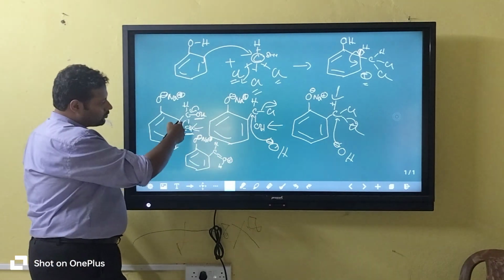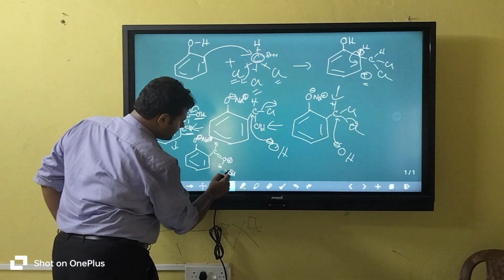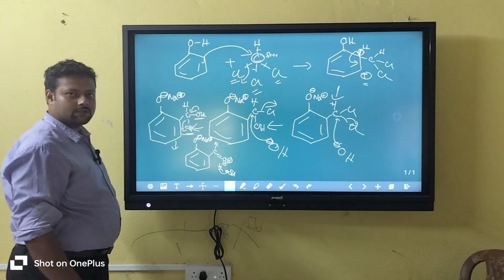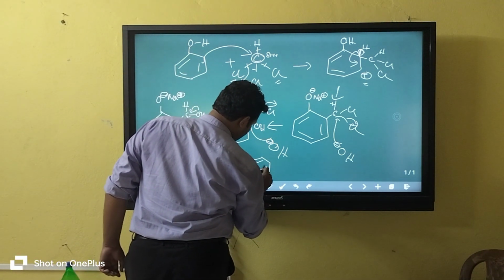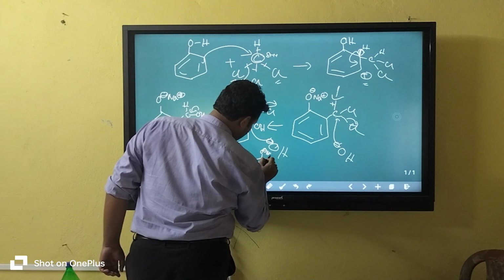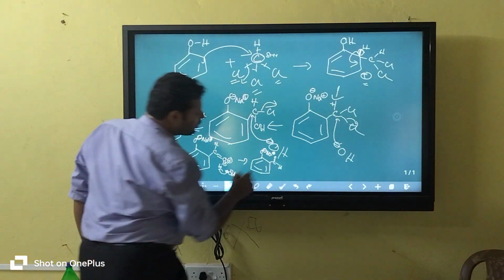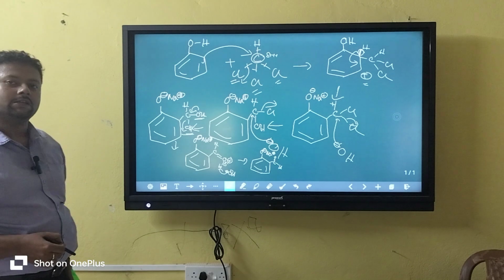The OH group which was removed from this carbon now picks up this hydrogen, and the positive charge on the oxygen is released. So at the end of the day, we have an aldehyde group attached at the ortho position of the initial hydroxyl group of phenol.